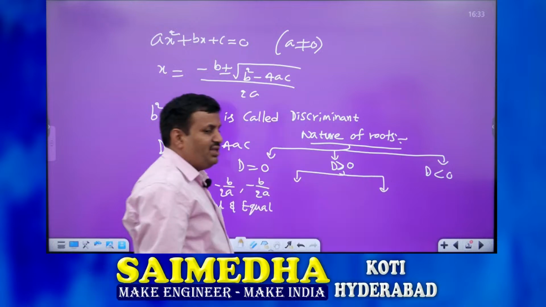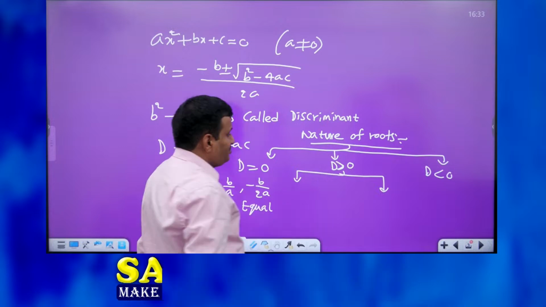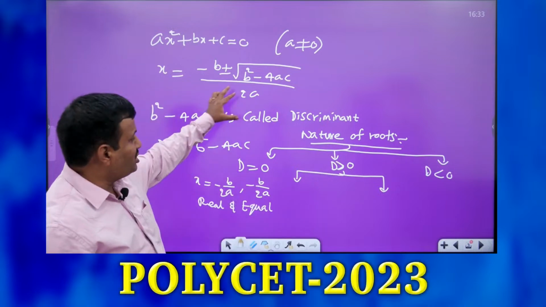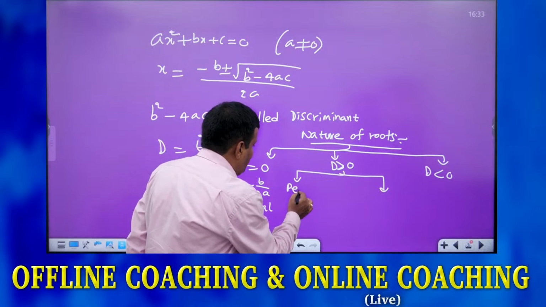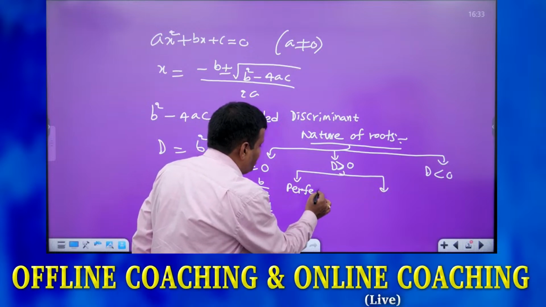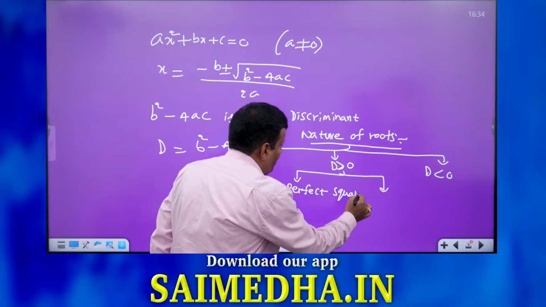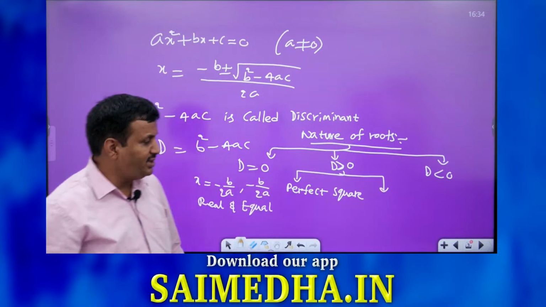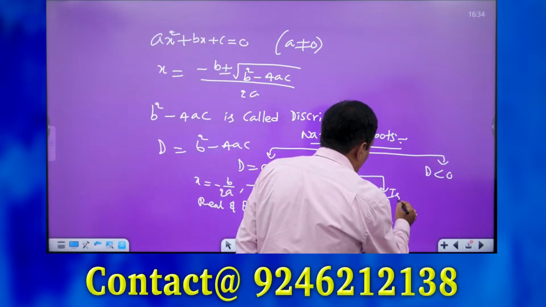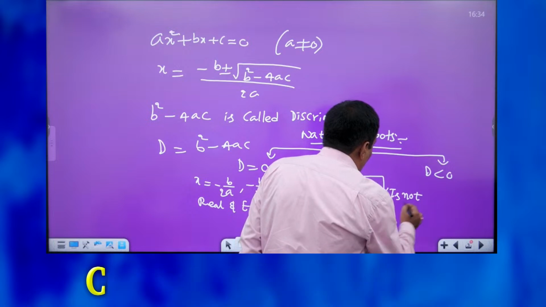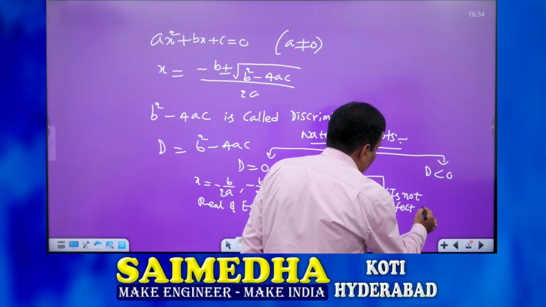If the discriminant is a perfect square, one case. If the discriminant is not a perfect square, two cases we have to remember.